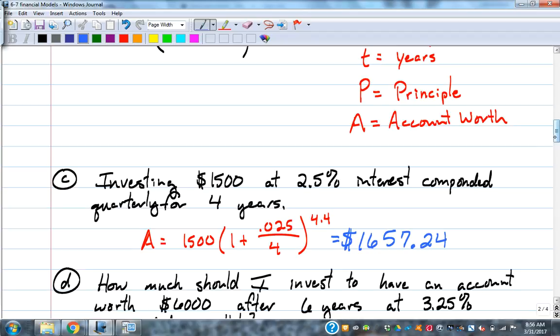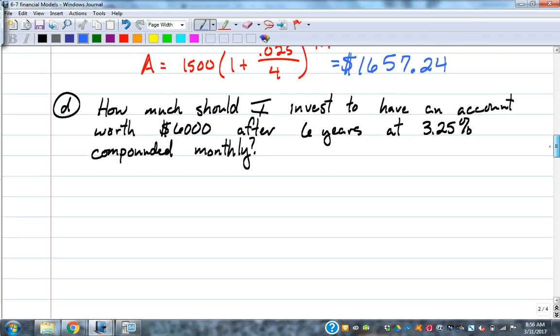Let's get into a little bit more college algebra speed with this particular problem. It says, how much should I invest in an account worth $6,000 after 6 years? So I want it to end up being $6,000 after 6 years at 3.25% interest compounded monthly.